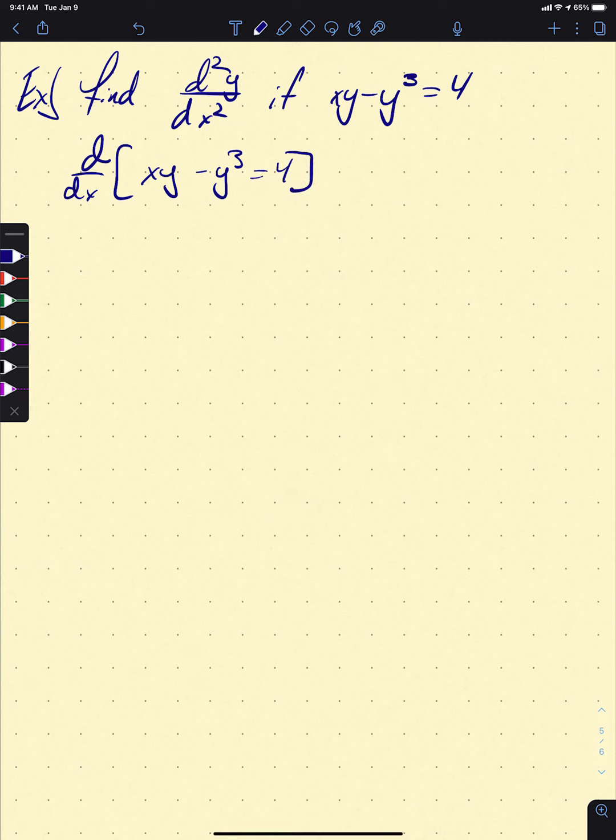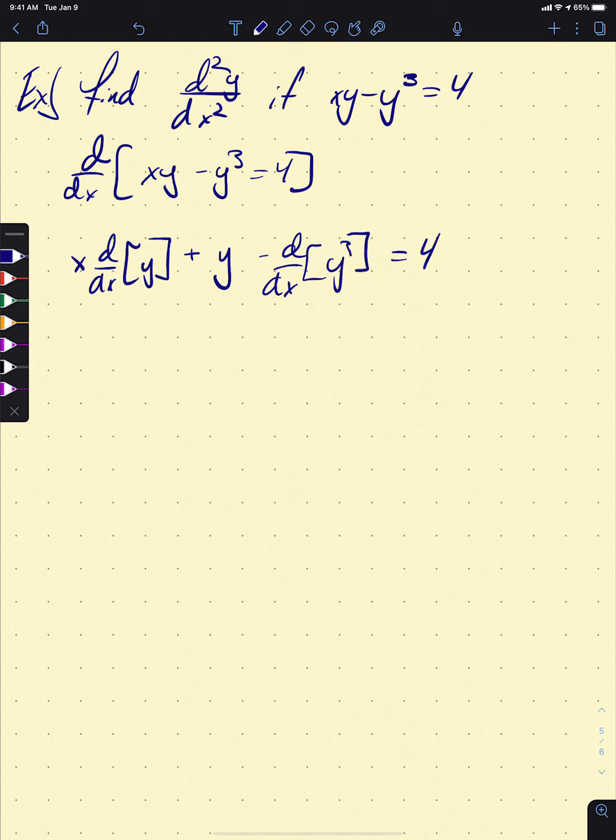We're going to need the product rule for this first one, so it's going to be x d/dx of y plus y d/dx of x, which is just 1, minus d/dx of y cubed, and that just equals 0. d/dx of y is just dy/dx, so that's going to be x times y prime plus y minus 3y squared y prime equals 0.